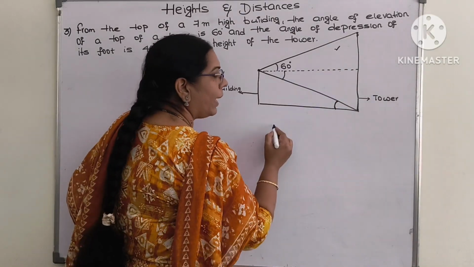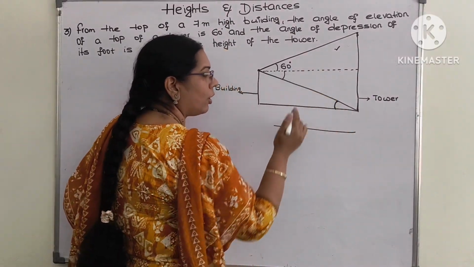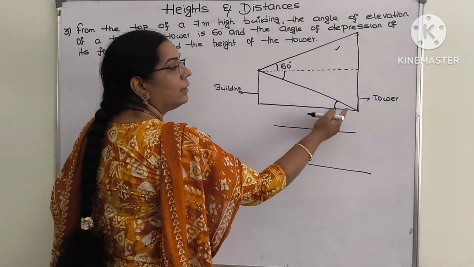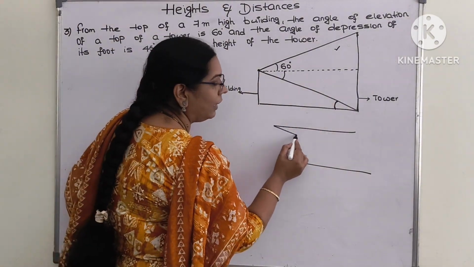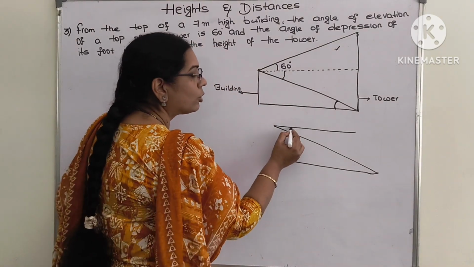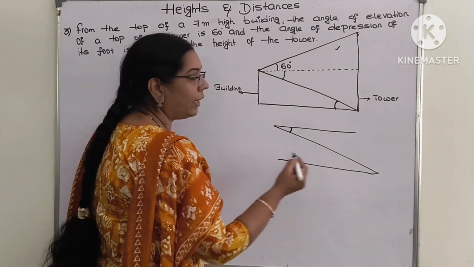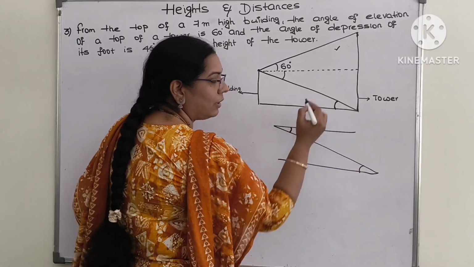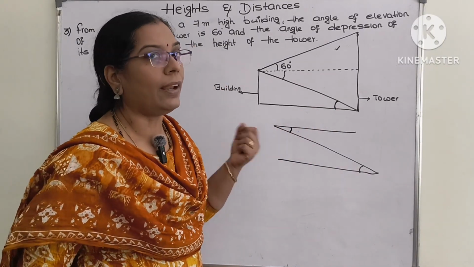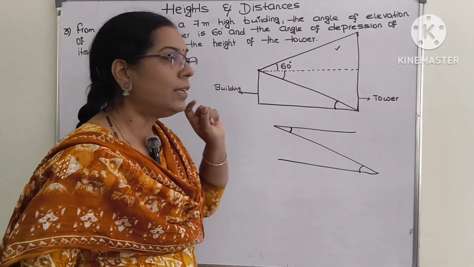Draw a line parallel to the ground, which means this dotted line and the ground are parallel to each other, and this slant line, which is the line of sight, is acting like a transversal. So the angle of depression and the angle within the triangle are alternate interior angles. Hence both will be the same.